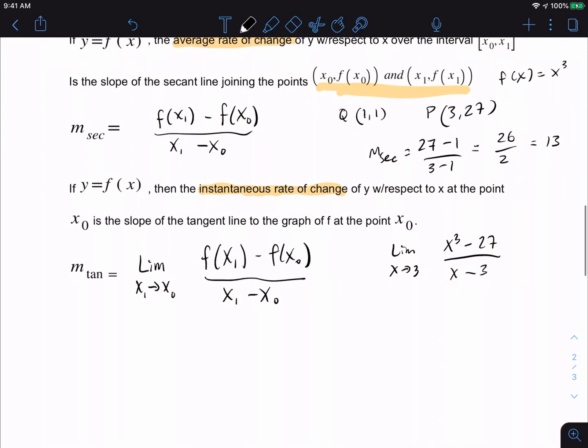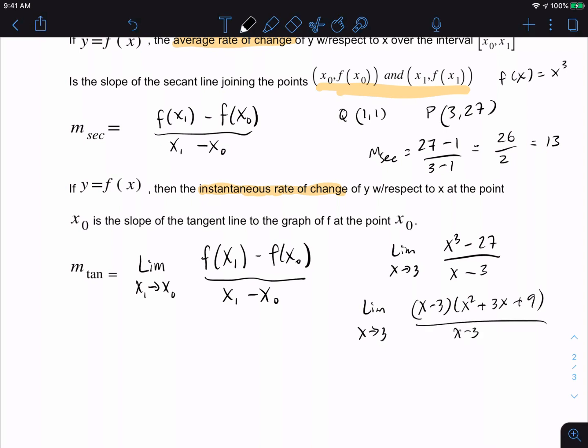And in this case, this is factorable. You totally know how to factor cubics, right? So it's going to be x minus 3 times x squared plus 3x plus 9, over x minus 3.